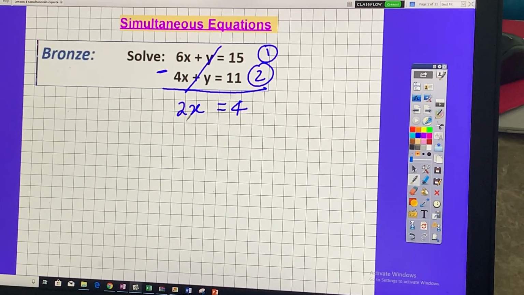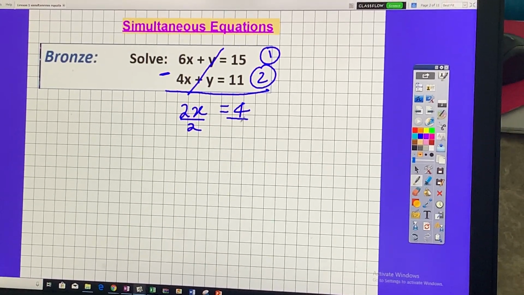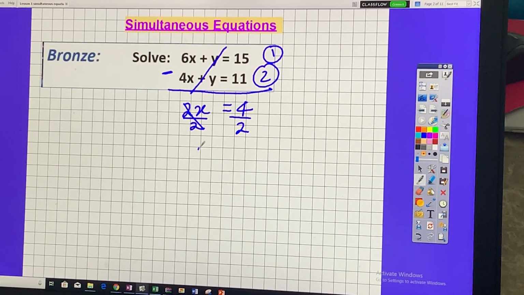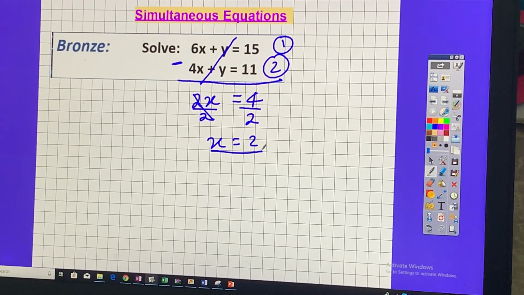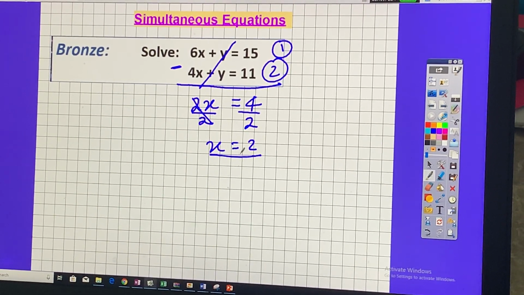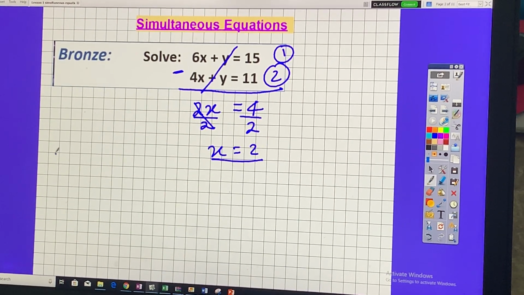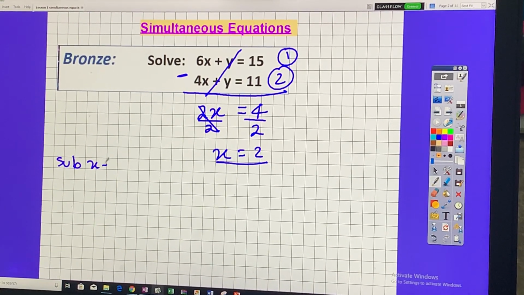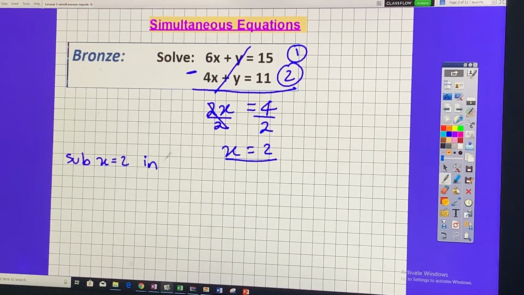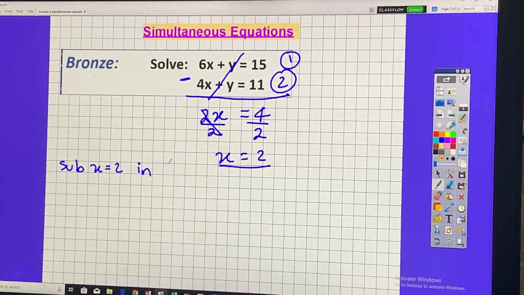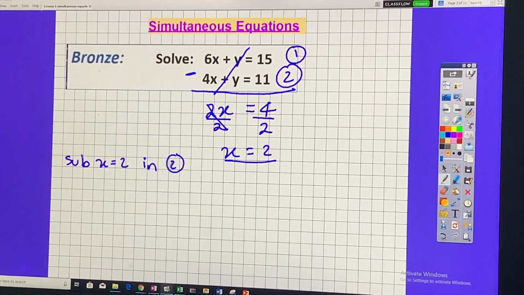I want to work out x. Divide by 2 on both sides. x gives me 2. I've actually already got my x coordinate. Now I'm going to tell the examiner what I'm doing. So I'm going to say sub x equals 2 in, and you can choose which equation you want. I'll choose equation 2.